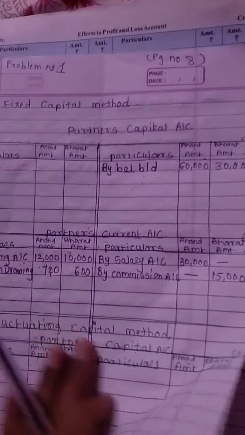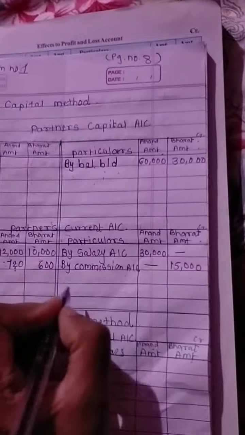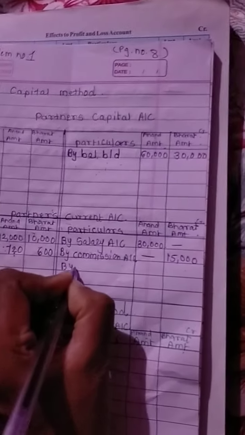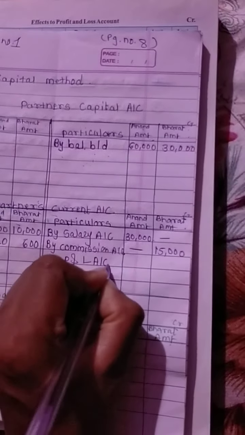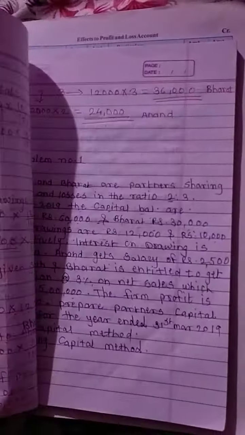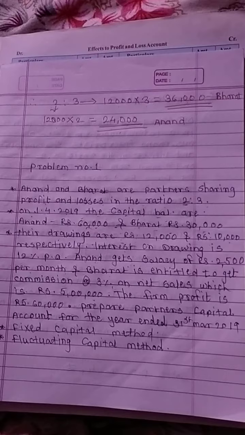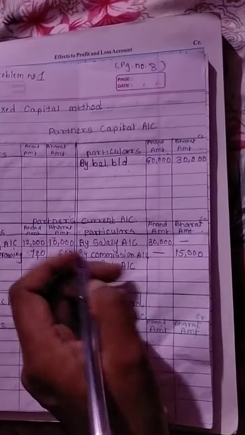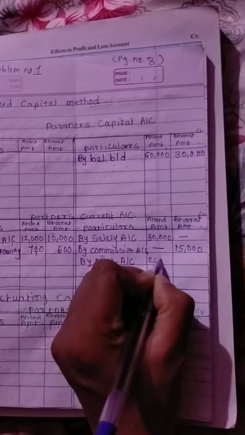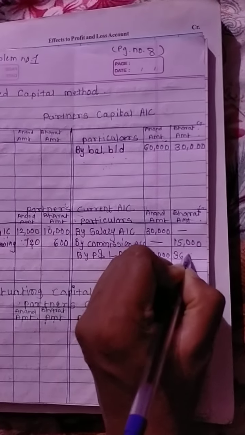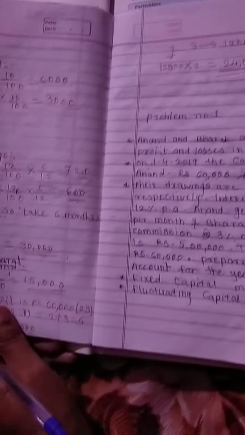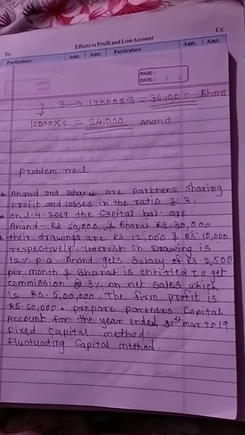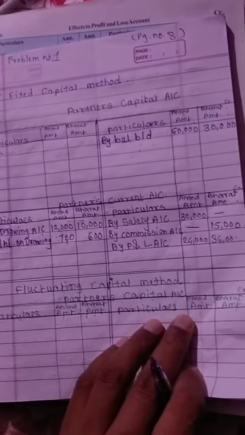Now we are writing here by profit and loss account, amount 24,000 for Anand and 36,000 for Bharat.